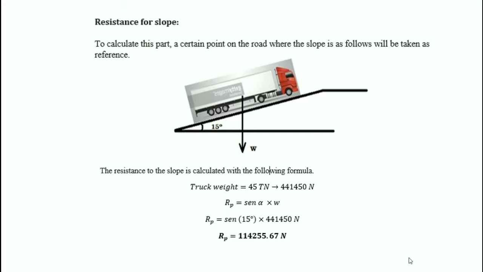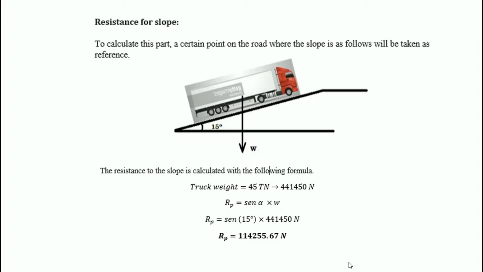To continue, I will talk about the slope resistance. The slope resistance is a force that opposes the vehicle in a climb. This depends on the angle of the climb and the weight of the vehicle. The resistance to slope is calculated with the following formula. For it is necessary the truck weight, that is 45 tons.